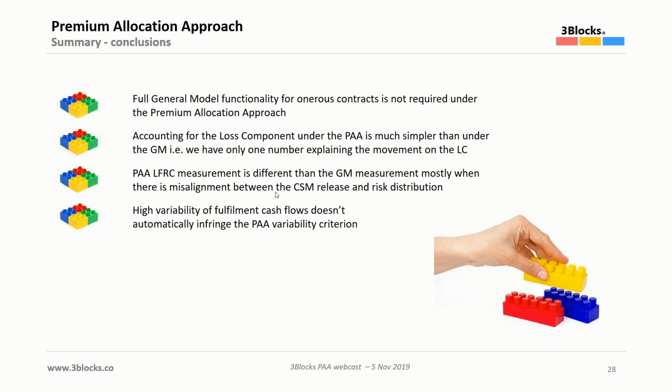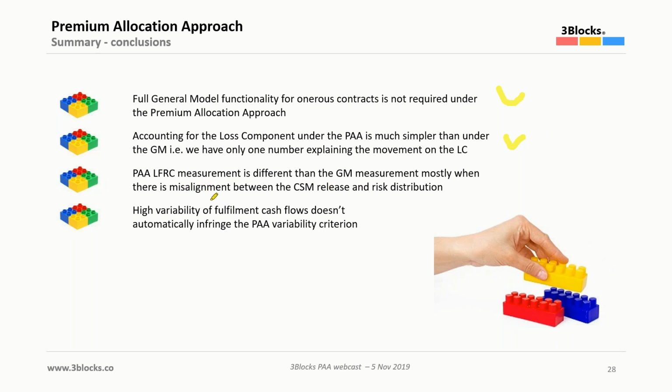The second observation is that accounting for the loss component under the PAA is much simpler than under the general model. We have only one number explaining the movement on the loss component.